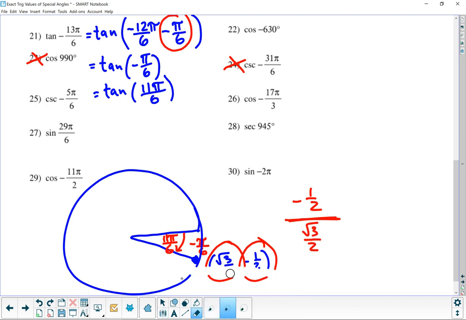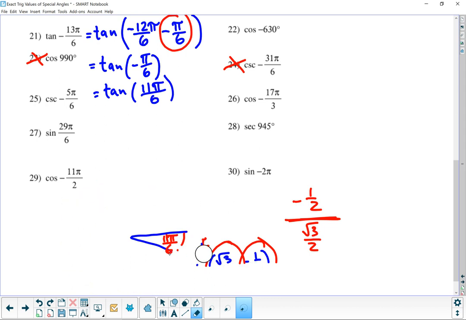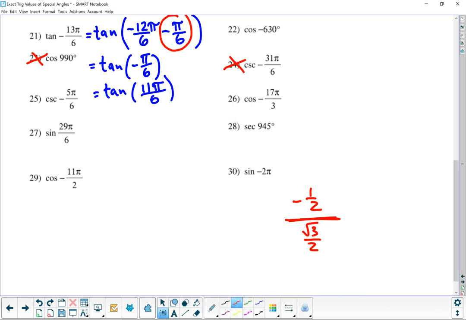I'm going to erase some of this. But to get the rest of it, all you have to do is finish off the math here. Multiply by 2, top and bottom. Cancel, cancel. And we end up with negative 1 over radical 3. Can't do that, so we have to rationalize it.